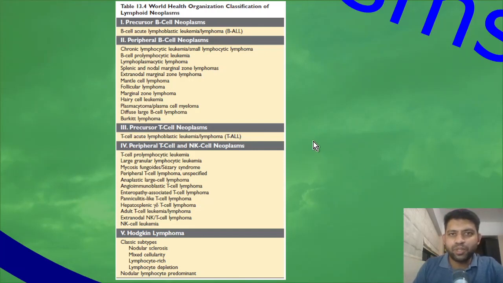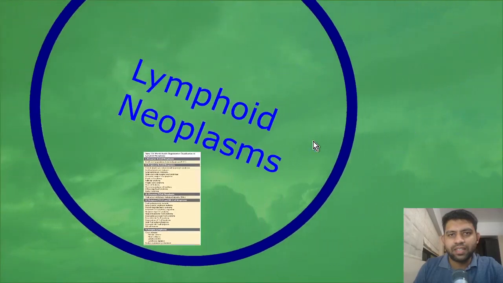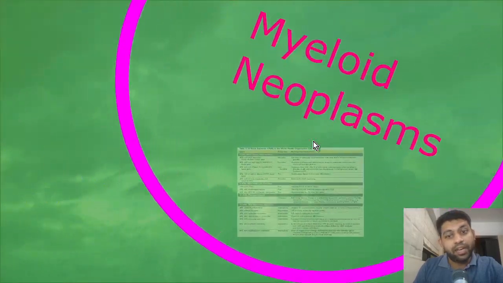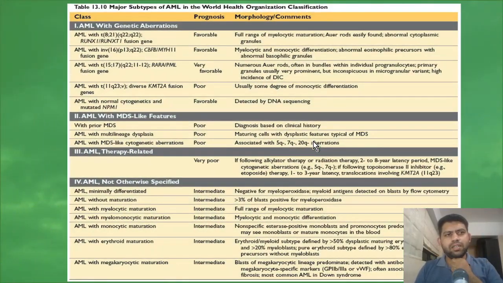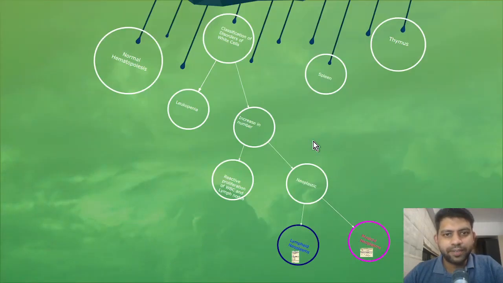This is the WHO classification. We'll go into details of each. And myeloid neoplasms, you would have heard of them, like AML. We'll go into the details later.